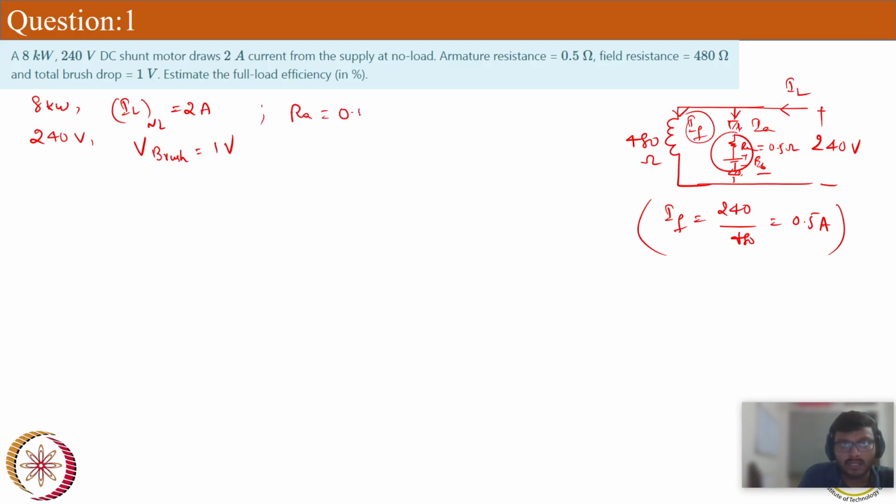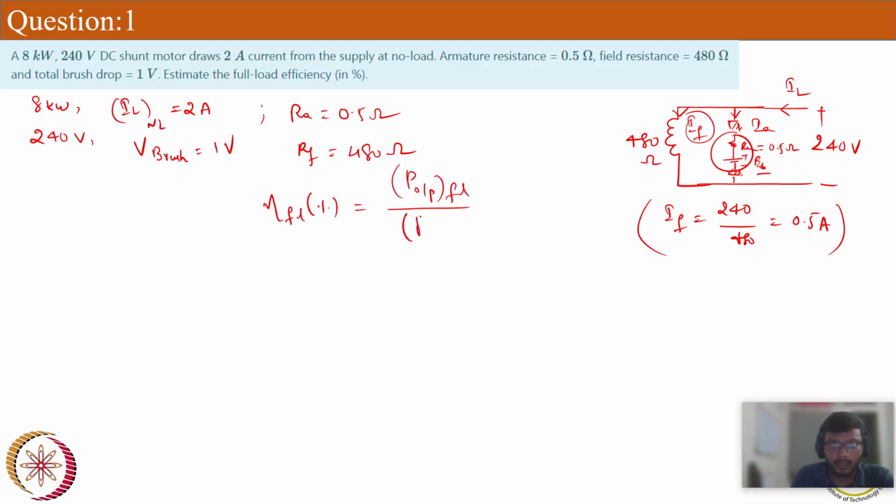So armature resistance is 0.5 ohms and field resistance is 480 ohms. Now, what exactly is asked? Again, efficiency at full load is asked. It is nothing but output full load by input full load.